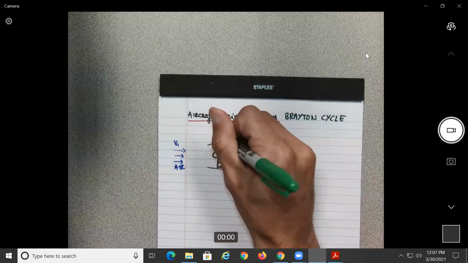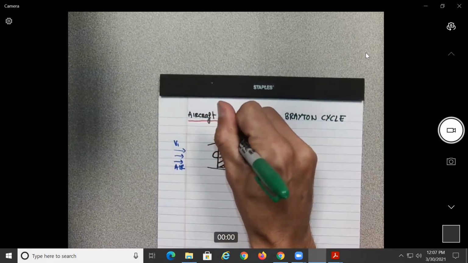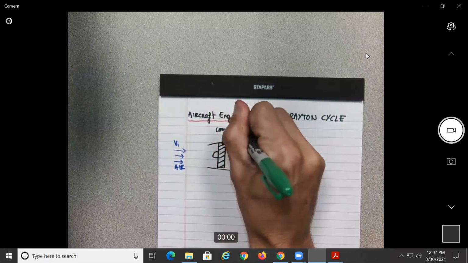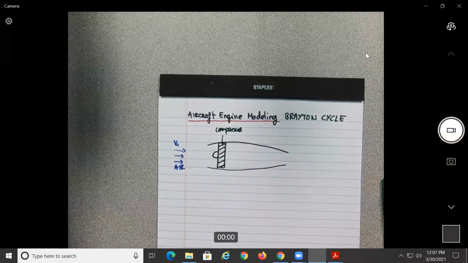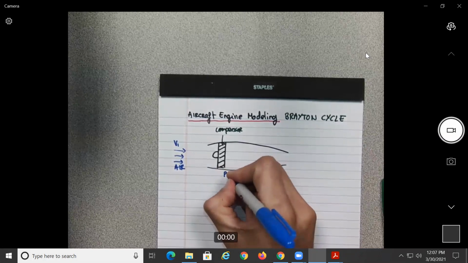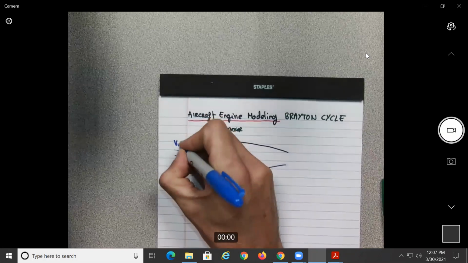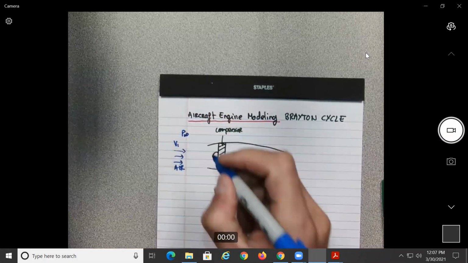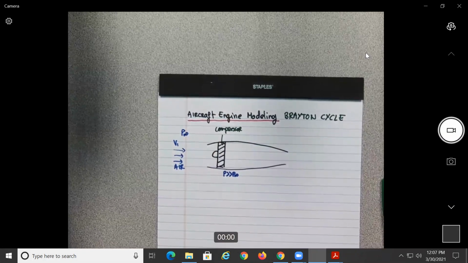This is the compressor, which means the pressure here is much higher than the atmospheric pressure, no? So you increase the pressure.